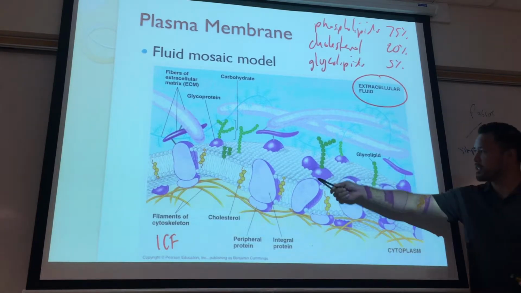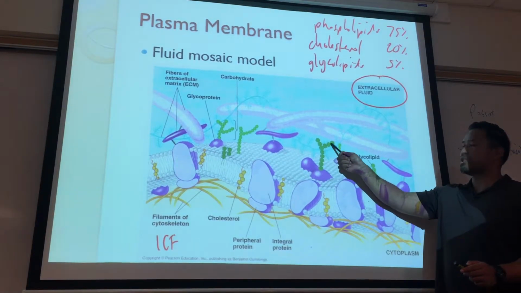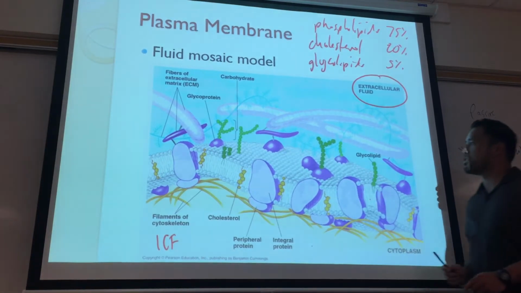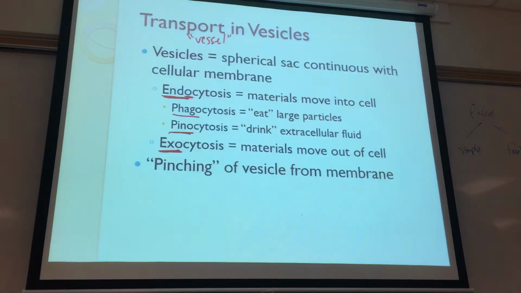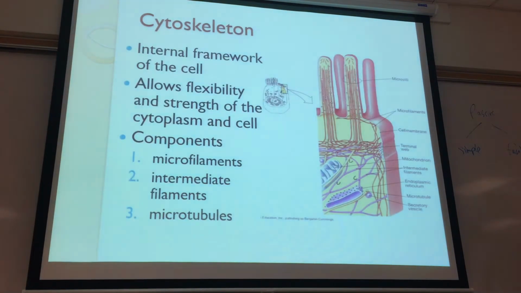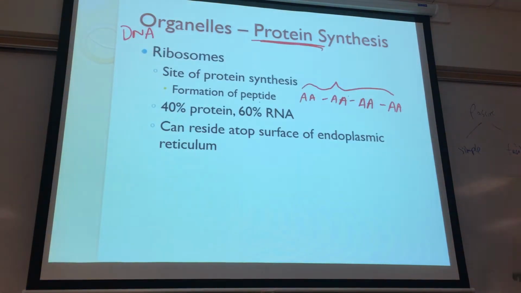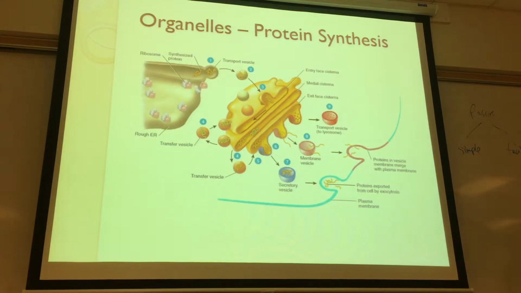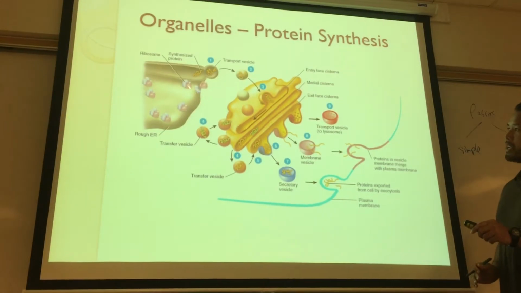We can see proteins here embedded with these carbohydrate chains. So this is what the Golgi apparatus does, is by adding these additional features to the protein. There we go.